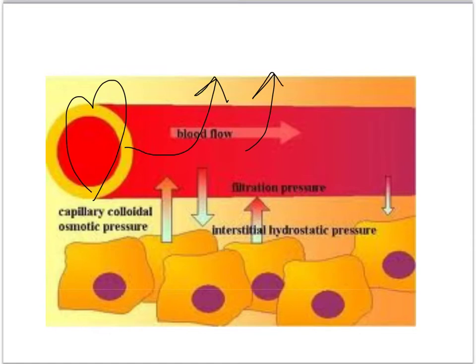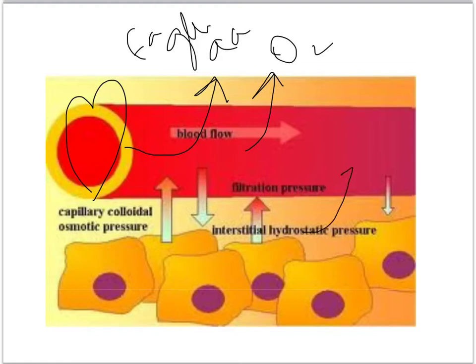It's going to be carrying with it oxygen from the lungs, amino acids, glucose, nutrition from the gut, some fatty acids, things to supply the cells with what they need for their daily activity. And then on the flip side of that, you're going to have osmotic pressure that's going to be drawing fluid back into the capillary, and it's going to be taking with it waste and carbon dioxide.